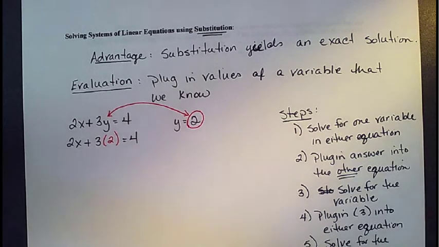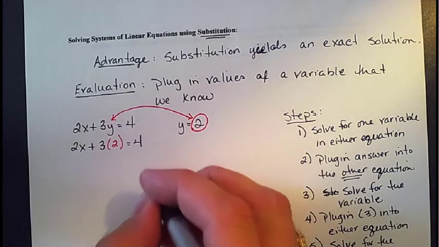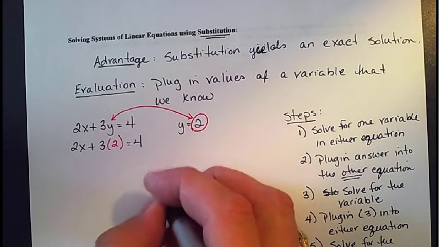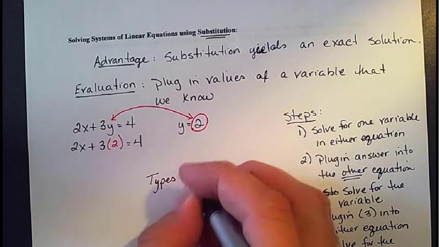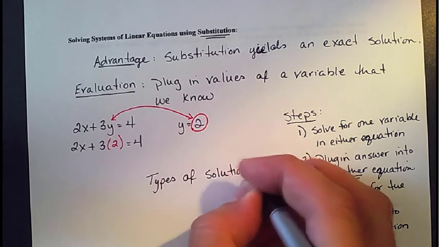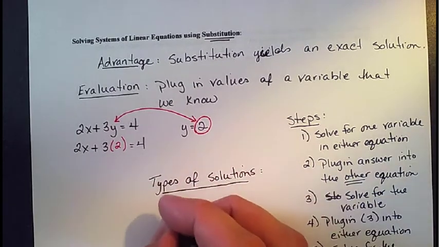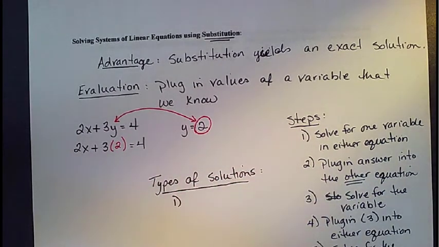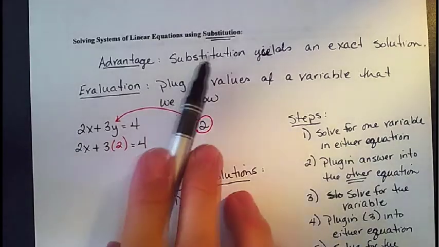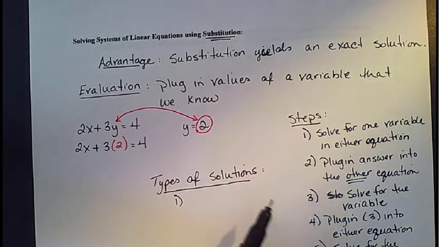Okay, so there are 3 types of solutions you're going to get. So types of answers. The types of solutions you're going to get are, first, just like graphing. Now, let me be clear that with substitution, you're doing the same thing as you were with graphing, in that I'm looking for the point in which the 2 lines are going to cross.